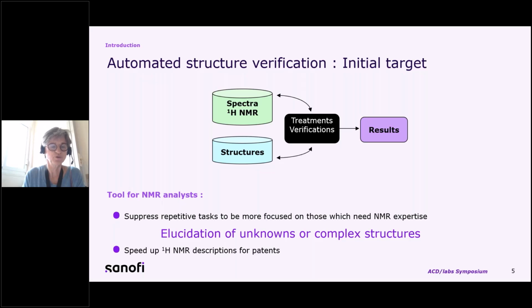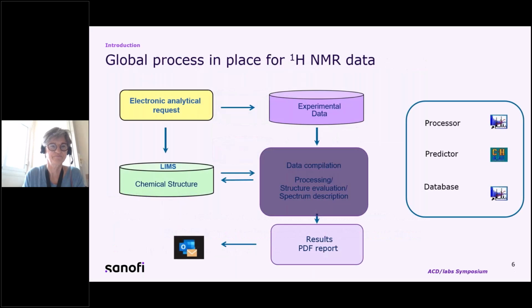And we wanted also to speed up NMR descriptions for patents. So we imagined a system which can treat and verify the NMR spectra, regarding structures of an analytical batch, and give us automatically the results. So this global process is in place for NMR data now.